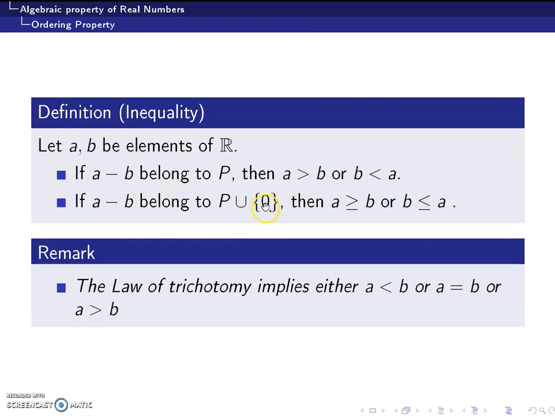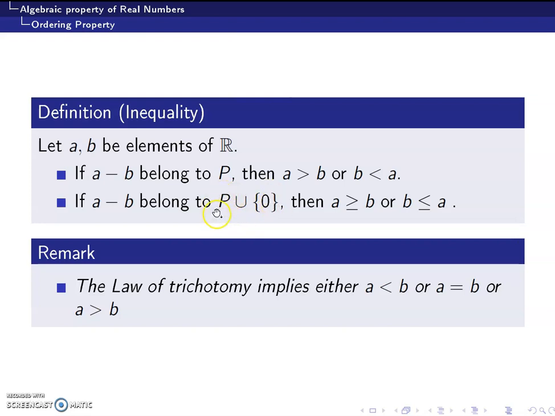If we add 0 to P, that is, if A minus B belongs to P union the set 0, then A minus B either belongs to P or A minus B equals 0.